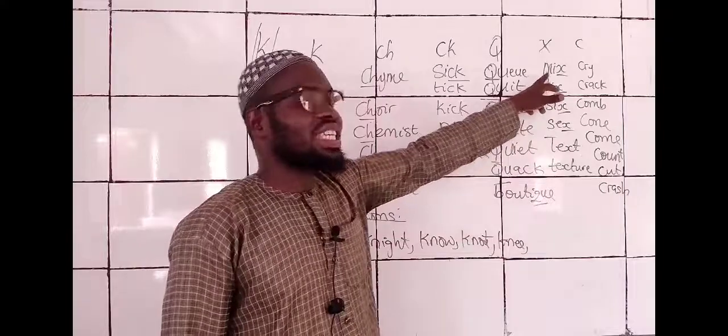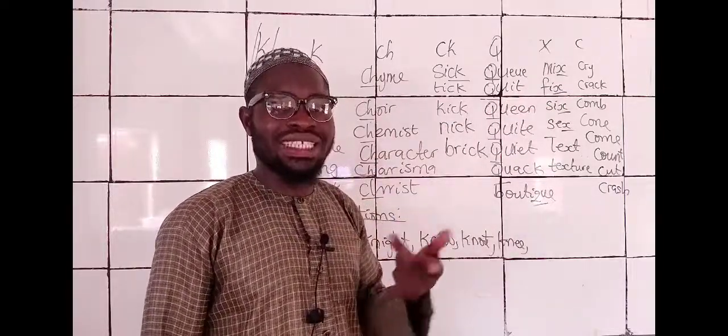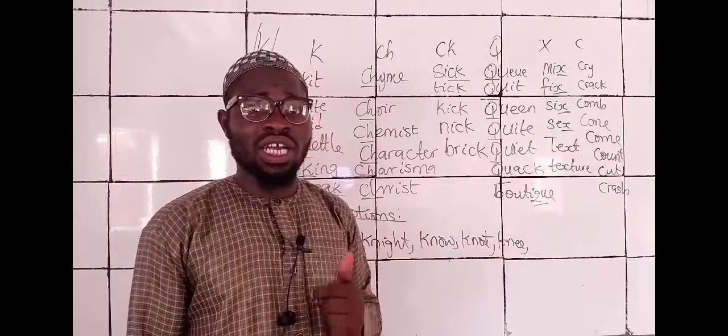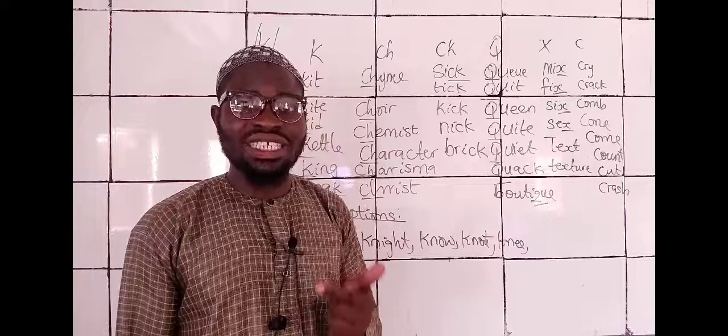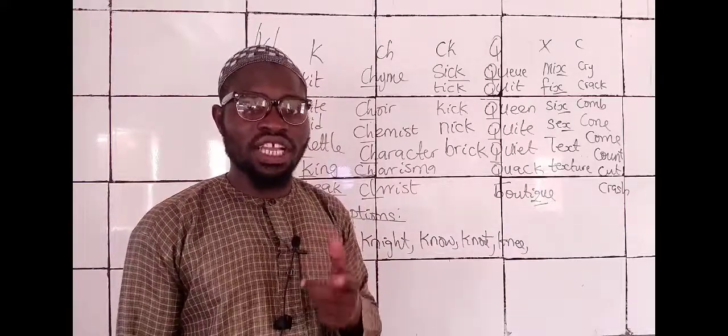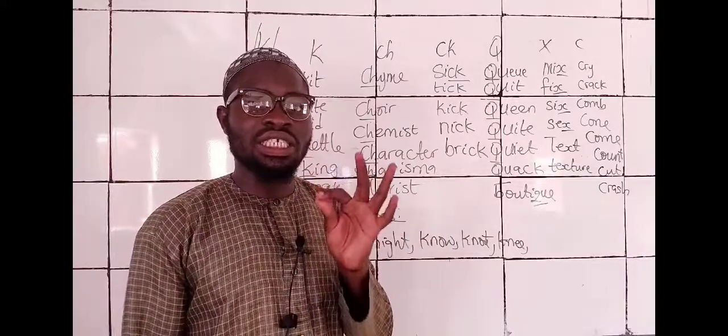So we have mix. So that is k before s. So mix, we have fix. Then the next one is six. Then we have sex, we have text. Then texture. So the x in it is the k sound.